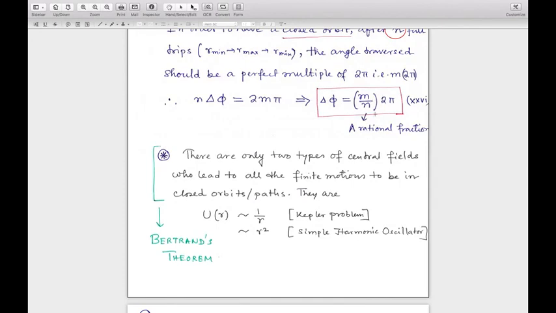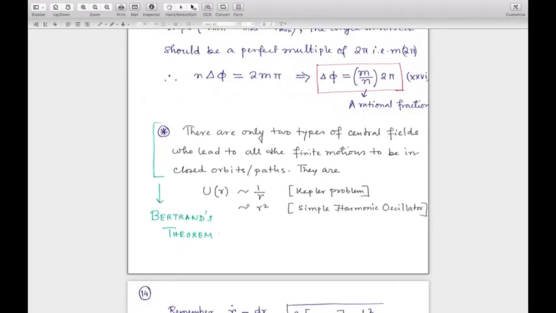If m by n is a rational fraction, then only we can have it. If it's like root 2, or like pi, then it is not possible, because pi is also irrational, right?